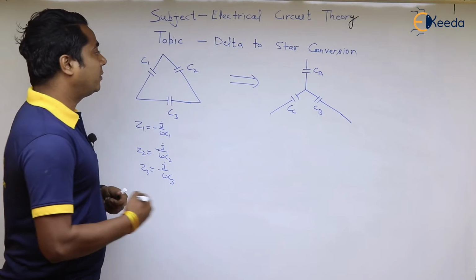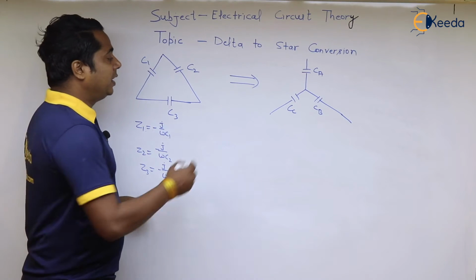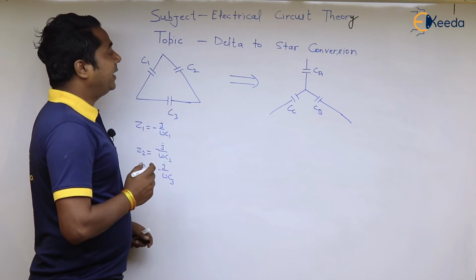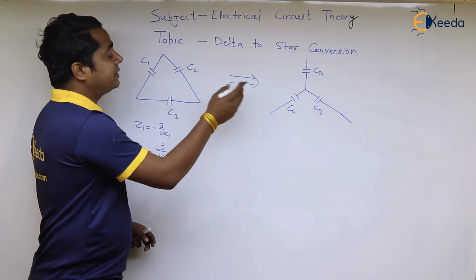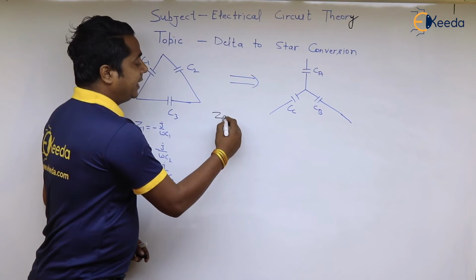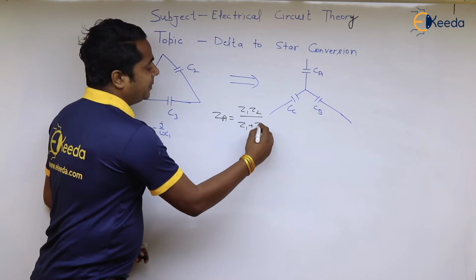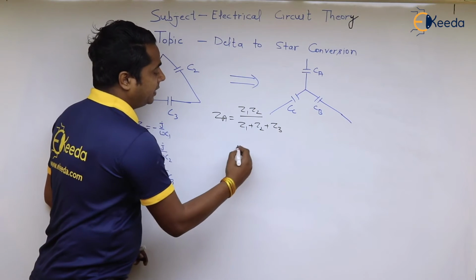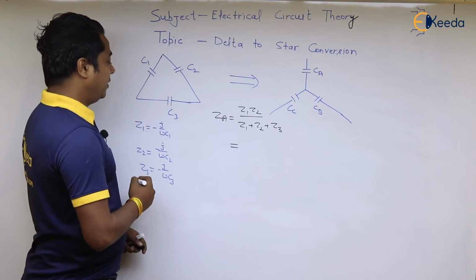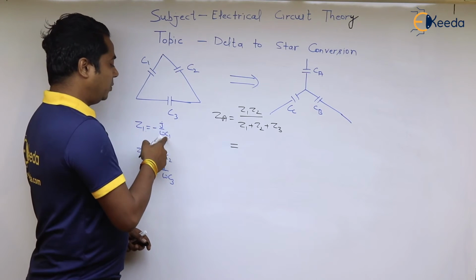We know the formula in terms of impedance. When we are converting this delta to star, the value of ZA will be equal to Z1 Z2 upon Z1 plus Z2 plus Z3, and the value of Z1 we know from here is minus j upon omega C1.